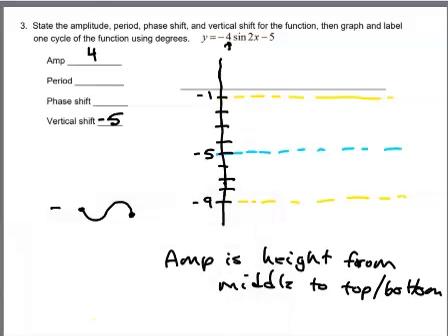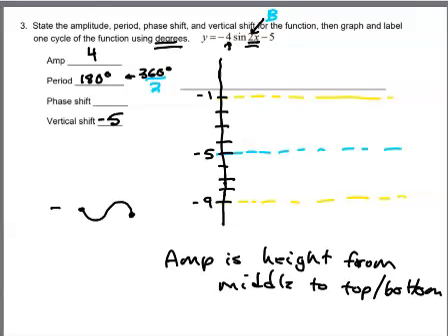Okay, now the period and the phase shift, that's the left and right. That's always the part that's a little bit tougher. So we're going to take that 2 that's in front of sine, and the directions say to do it in degrees. So a typical period for sine is 360. I'm going to divide that by B, that 2 there, and I get 180 degrees. So that's the length of a period. Now there is nothing inside the parentheses.